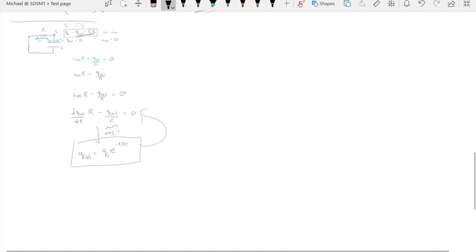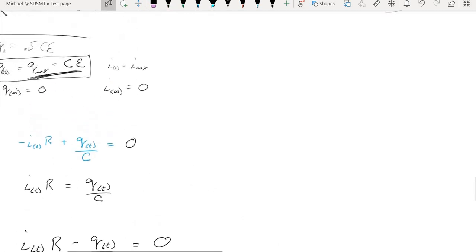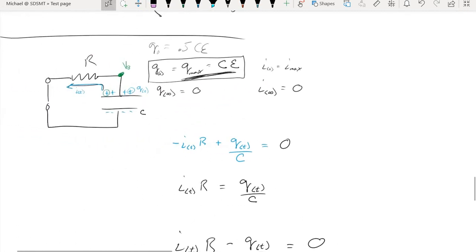I'm going to skip that part because we already saw the solution for the charging capacitor case. We now have what we're going to call the discharging capacitor. Our capacitor is now going to be expelling that charge, or as we said, discharging.